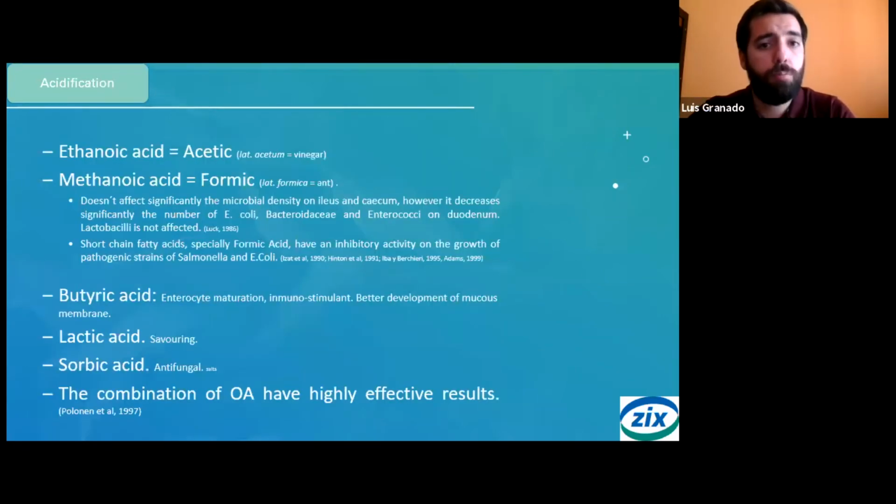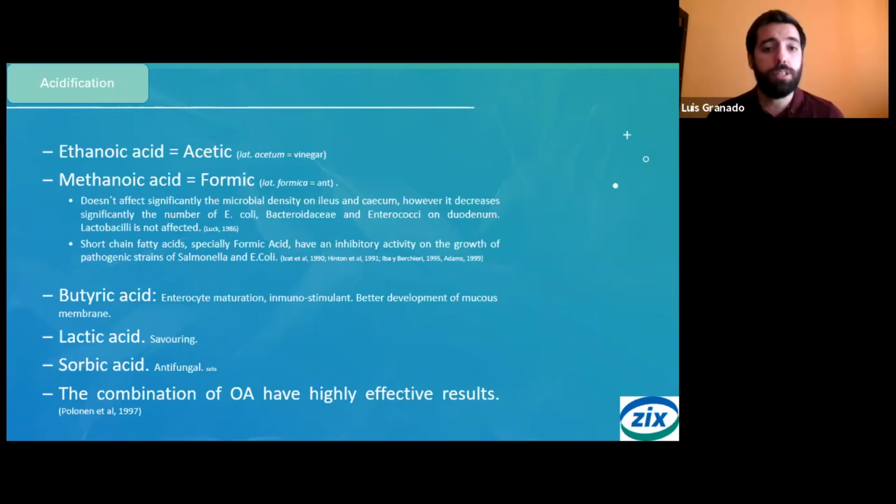Apart from all of this that I have explained, some acids have been proved to have some other effects, right? For example, formic acid or methanoic acid, which is the same. We know that it doesn't affect significantly the microbial density in the last parts of the small intestine and cecum, okay?